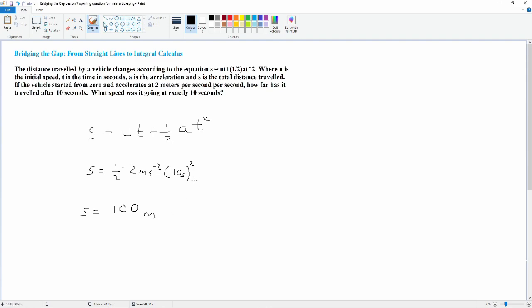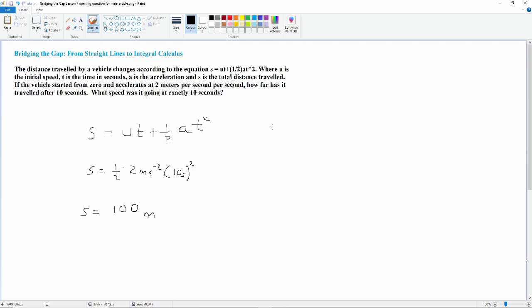Now the second part of the question is, what speed was it going at exactly 10 seconds? Well, we haven't been given a formula to give us the speed. So we're expected to know that the distance travelled over the time taken is the speed travelled, or at least the average speed travelled.